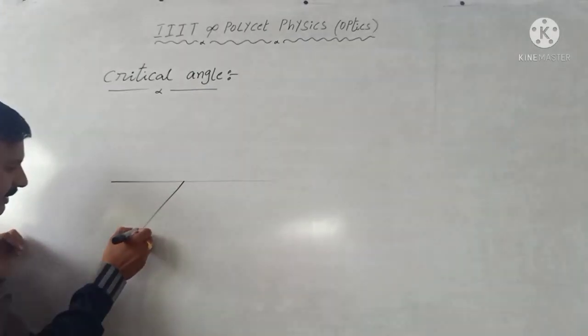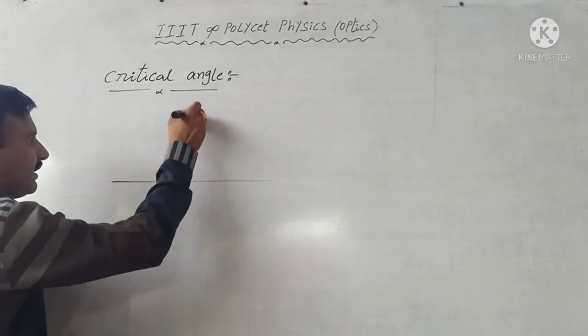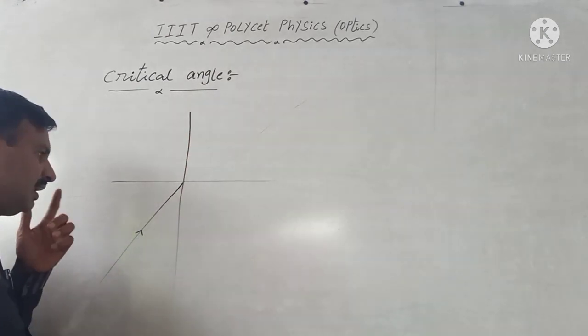It is the incident light ray. Where it touches the surface, draw the normal line.